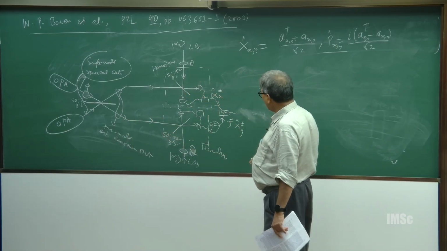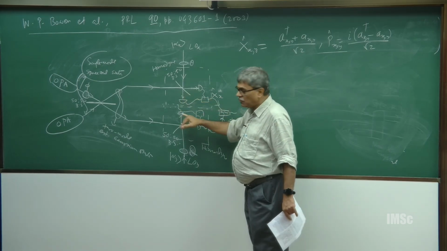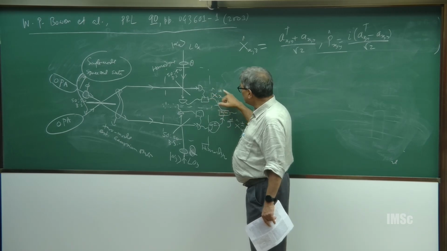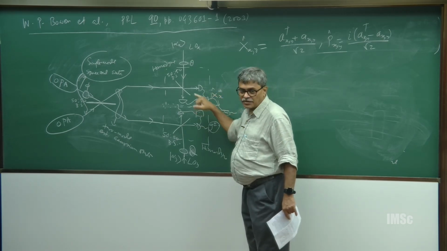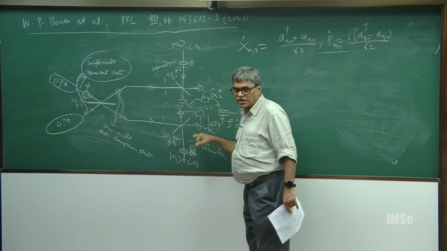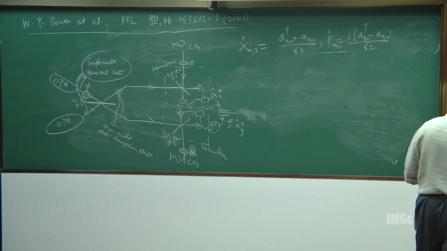Now, after you do this homodyning, what it will provide you is information about the position and momentum quadratures in this beam and also in this beam. That is how homodyne detection works.